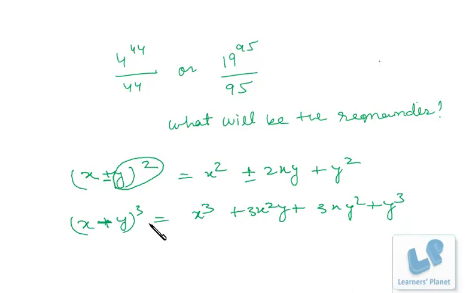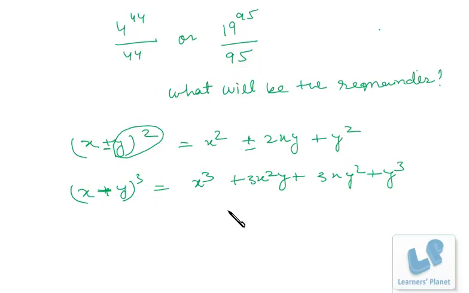In binomial expansion, each and every term is a multiple of both x and y, except x cube and y cube. x cube will not be divisible by y and y cube will not be divisible by x, if x and y are not factors of each other. So if you divide this expression by x, the remainder will be y cube. If you divide it by y, the remainder will be x cube, right?